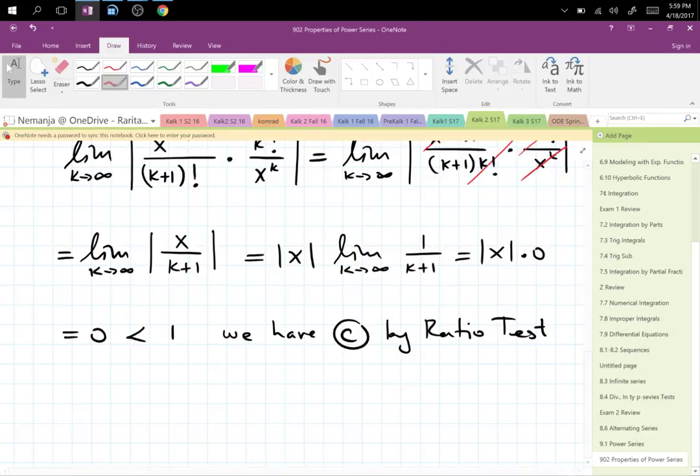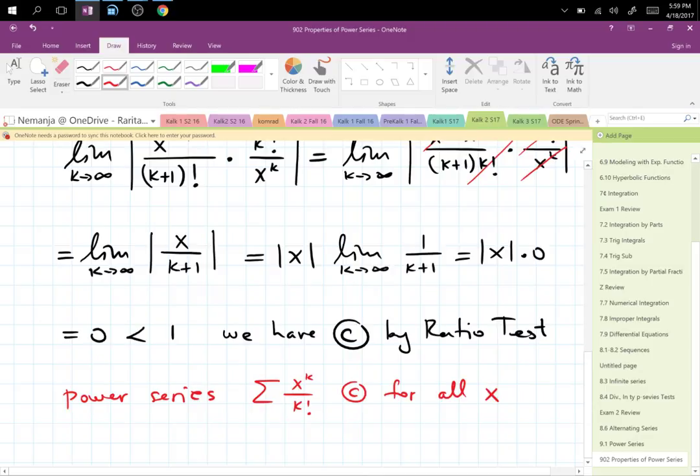So the power series summation x to the k over k factorial converges for all x.